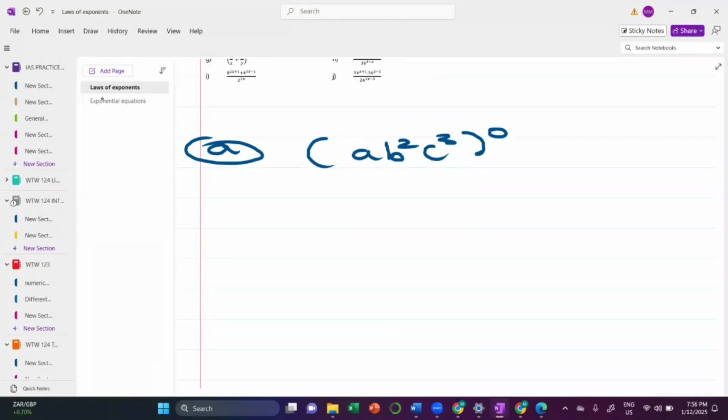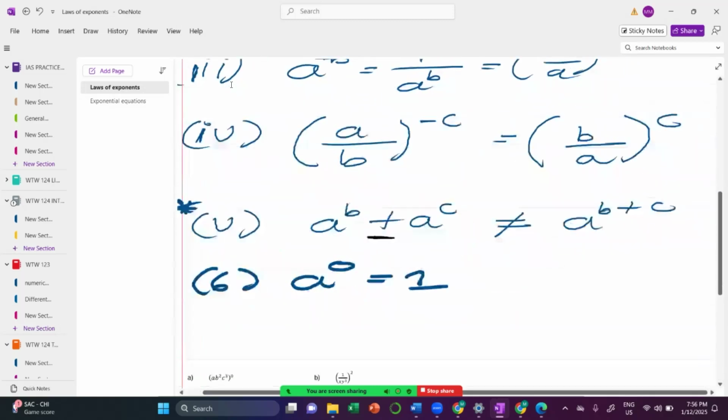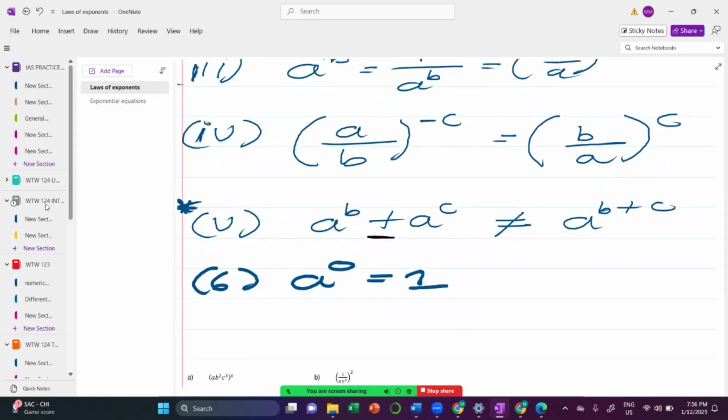But all of these variables which are multiplying each other are all raised to the exponent of 0. I remember telling you a law that any variable or any number raised to the exponent of 0 is always 1.